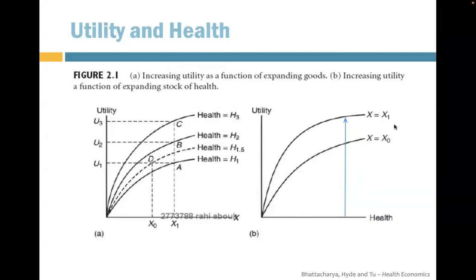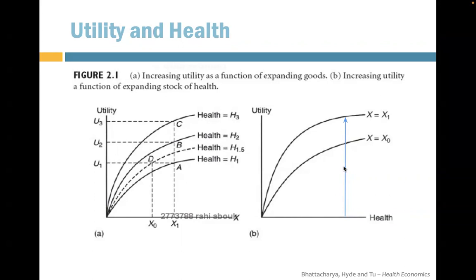All right, then we can swap the position of health and home goods. That would be on the left-hand side. The x-axis now is X, home goods, and the y-axis is utility, and we have different lines that represent different levels of healthiness.